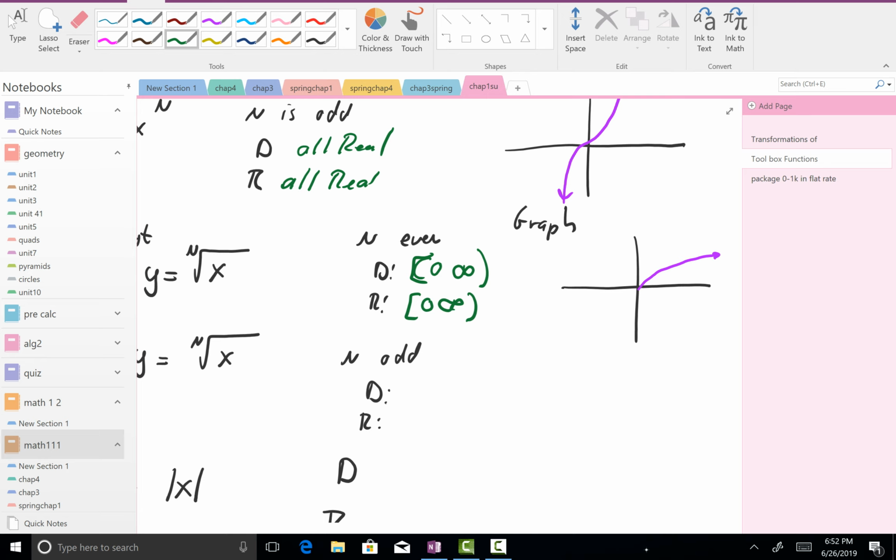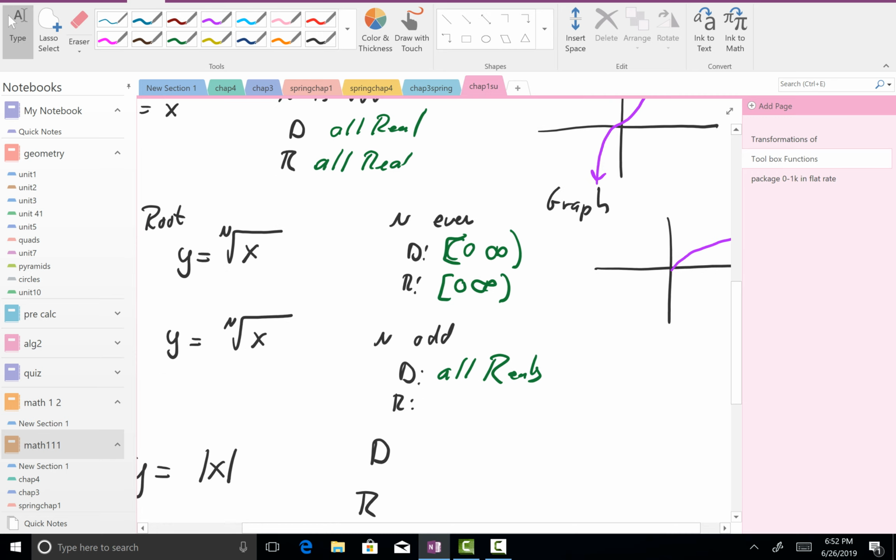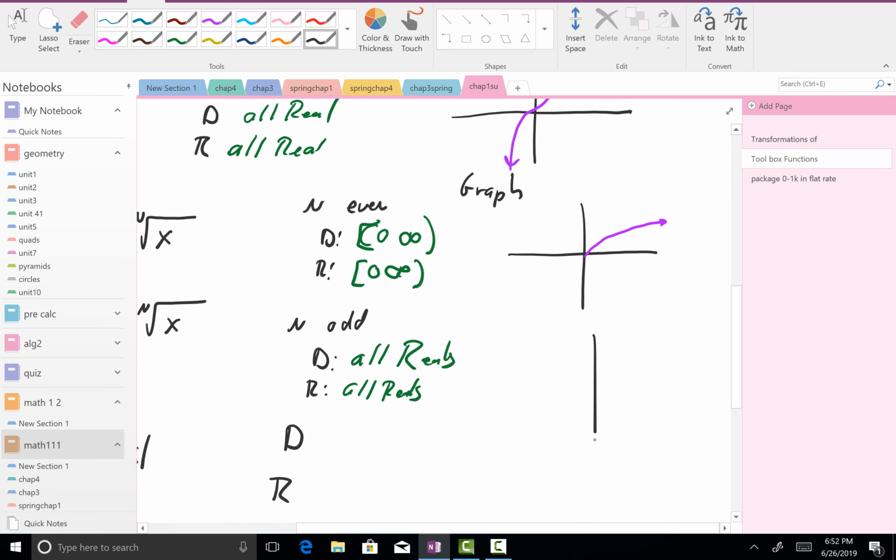Okay. All reals. Great. Range? All reals. Okay. And we saw the graph, so let's see, we've got something like this, and then something like that. Okay.